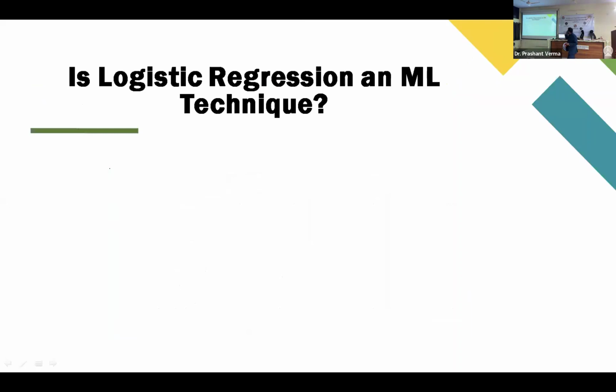So then the question is, is logistic regression an ML technique? What machine learning does is train with the data and provide an outcome or make predictions. The same thing it's doing. Yes, linear regression, multiple linear regression, and logistic regression are machine learning techniques.